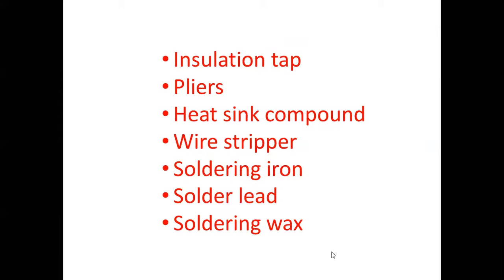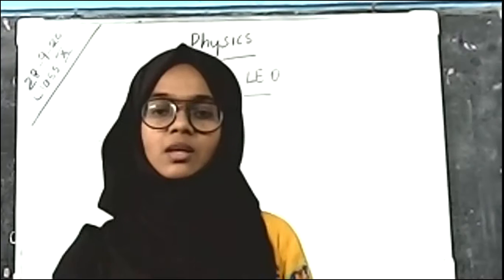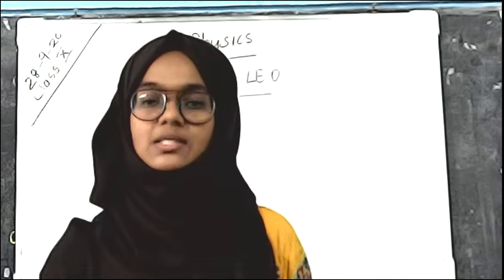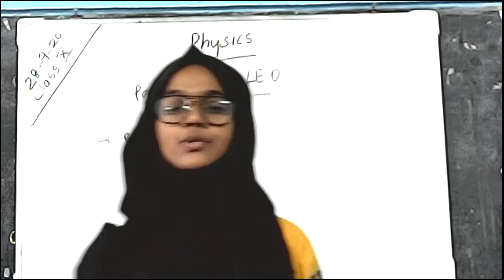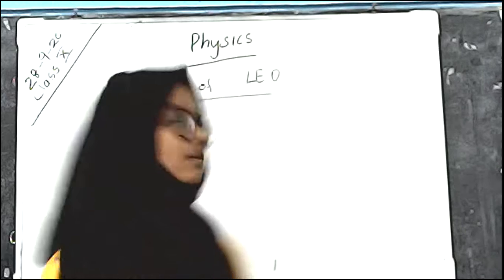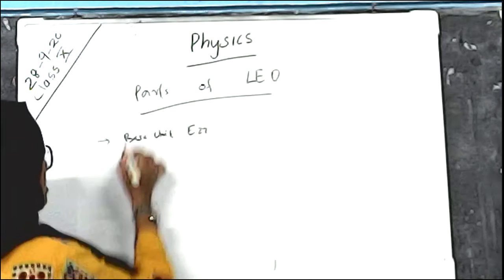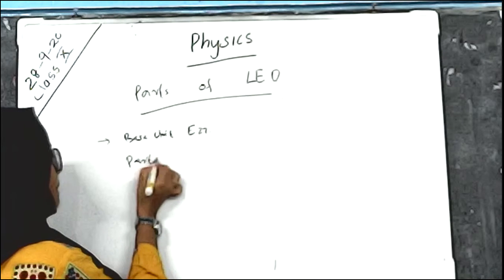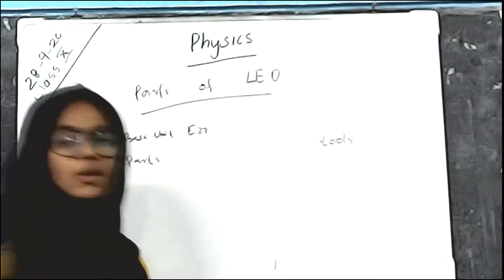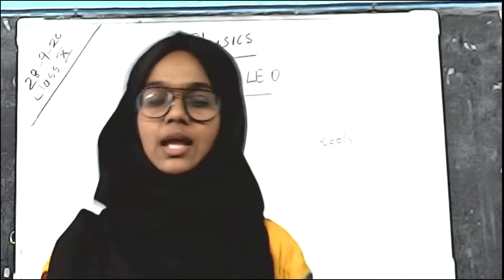And we want to discuss how to construct an LED bulb using the discussed parts and tools. We discussed the parts of the LED and the tools required to construct an LED bulb.